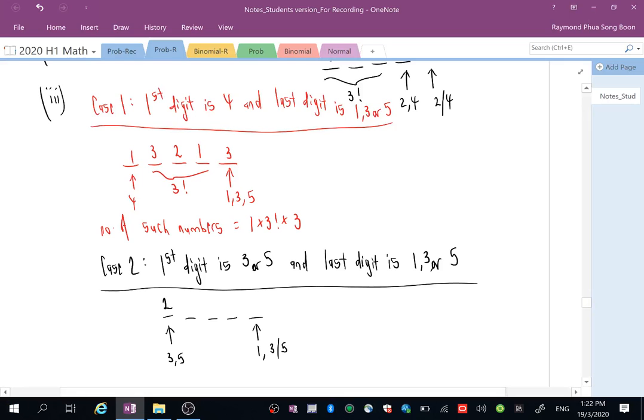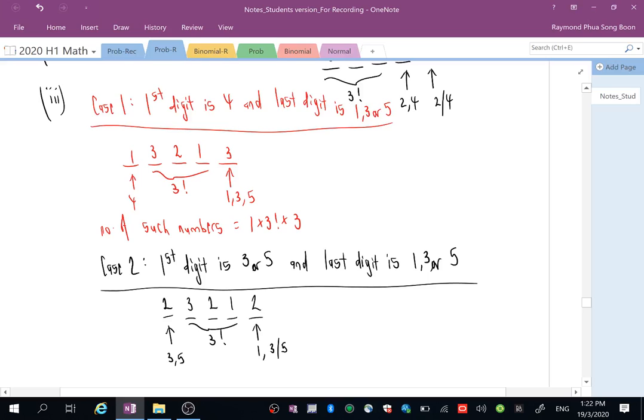If my first digit chosen is the number 3, then for my last digit I can only choose from 1 or 5. Likewise, if my first digit chosen is the number 5, then for my last digit I can only choose the number 1 or 3. So therefore, for my last digit I'm left with only 2 choices. And for my second digit I have 3 choices, third digit 2 choices, and fourth digit 1 choice.